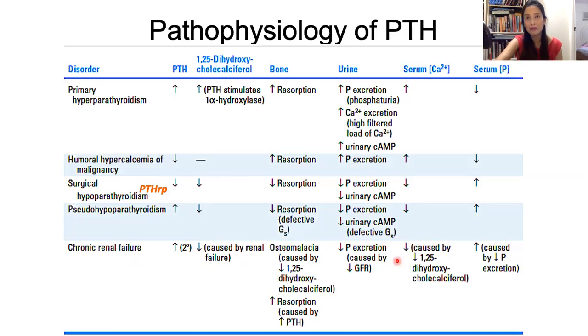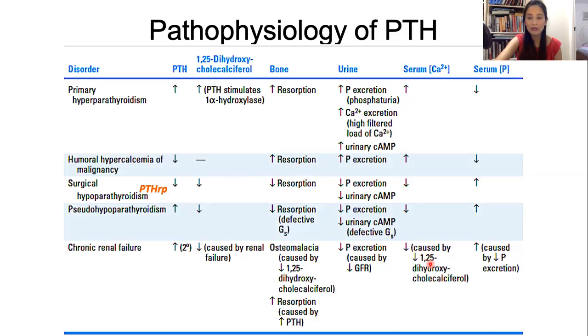You will not be able to absorb calcium in both the intestine and in the kidney. So you will have low serum calcium and increase in serum phosphate.